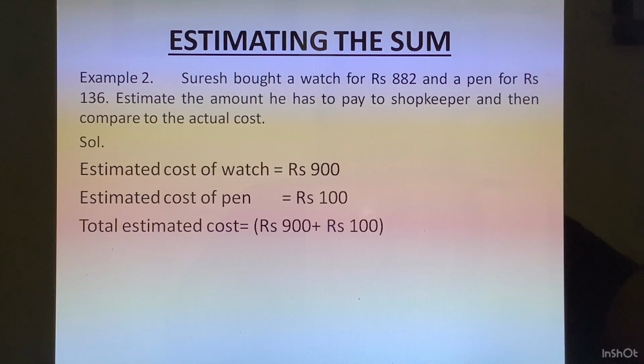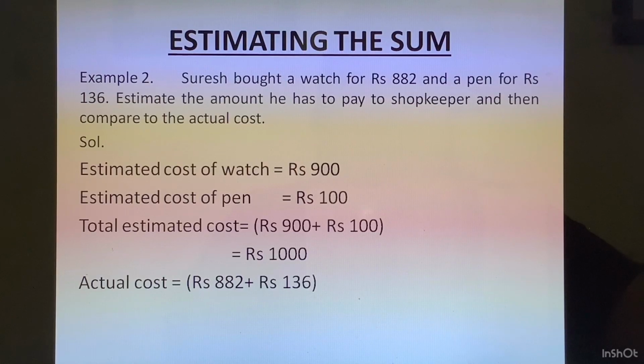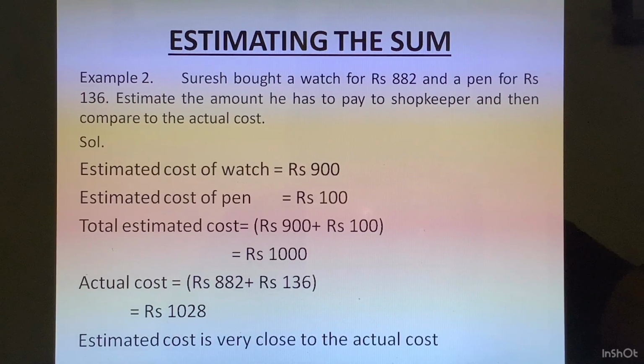Total estimated cost is equal to rupees 900 plus rupees 100, which is equal to 1000. Actual cost will be rupees 882 plus rupees 136. When we add this, we get rupees 1028. So did you see? Estimated cost and actual cost, there is only a difference of 28 rupees. Estimated cost is very close to the actual cost.